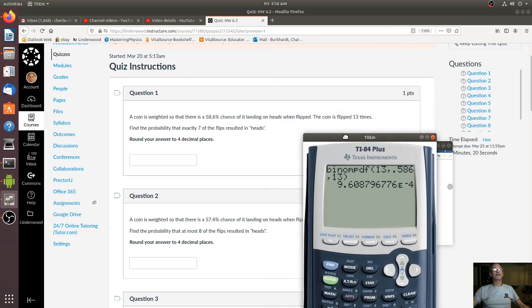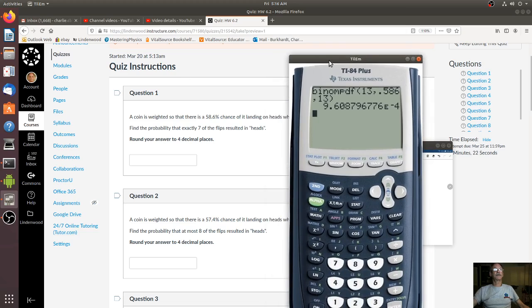No, it's 13. Oh, I said 13 and 13. Of course, I messed that up. I'm only supposed to find the probability that's 7. And of course, this is the probability that you get 13 heads, and that's pretty small. That's what was throwing me. So I put in the wrong number here. This should be 7. So let's try again.